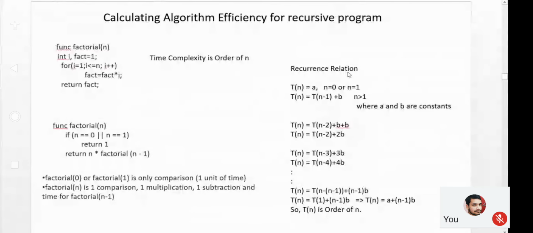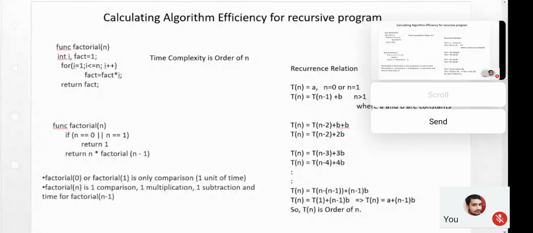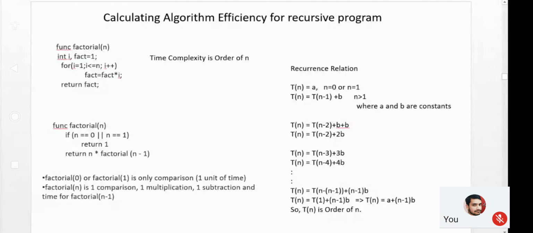The first one I have written in iterative way: i equals 1, i less than or equal to n, i plus plus, fact equals fact into i. So how many times will it iterate? The block fact equals fact into i will iterate n times. That's why we can say the time complexity of factorial is order of n, or big O of n. I think now it's clear.